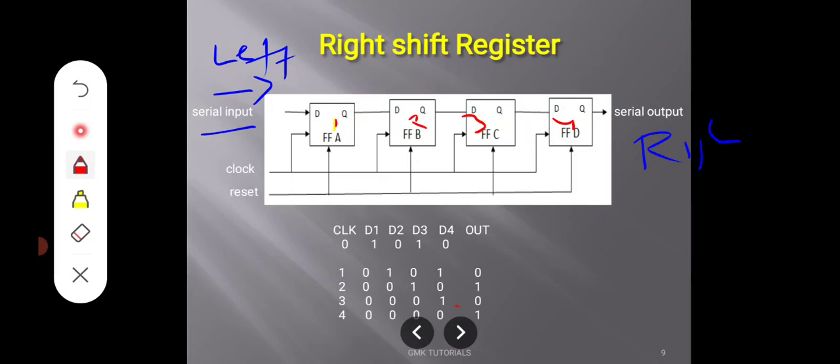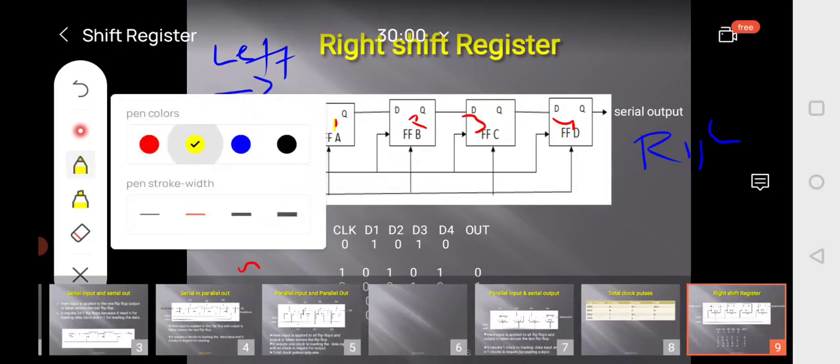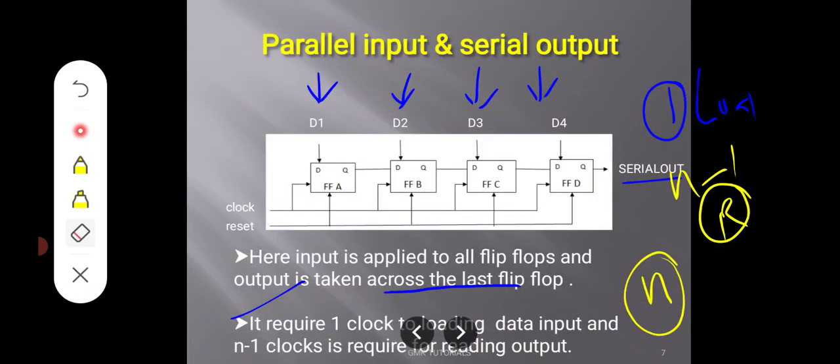So a total of 4 clock pulses are required to shift the data. The last one is already available, right? So we don't require n, only n minus 1 clock pulses are required. Initially the clock pulse is 0, then 1, 2, 3. The last one is already available.